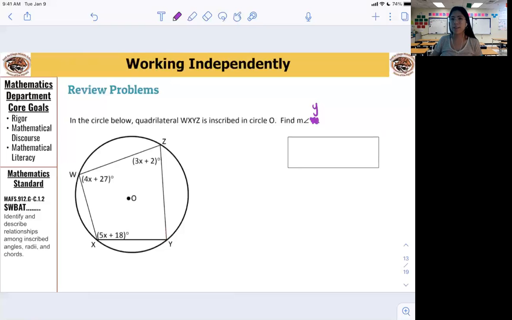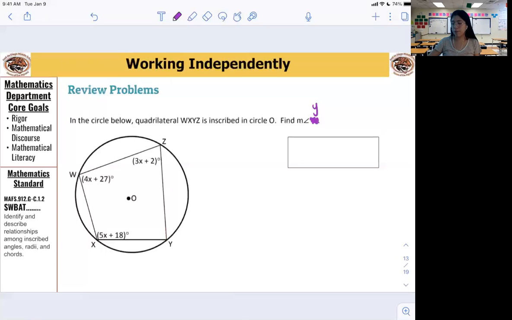All right, about 1 minute and 20 seconds remaining. All right, there's 30 seconds now.